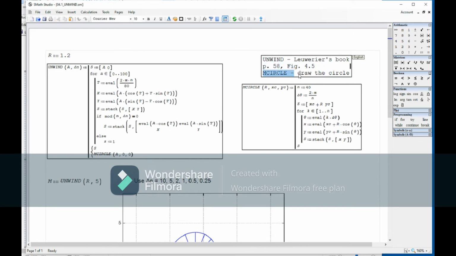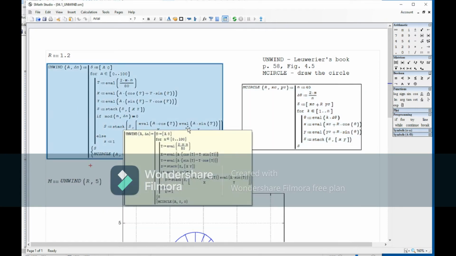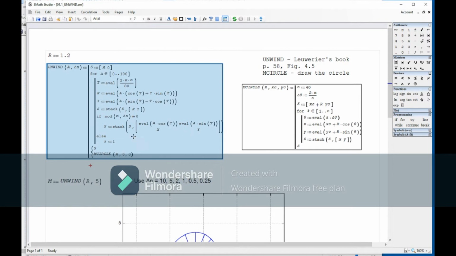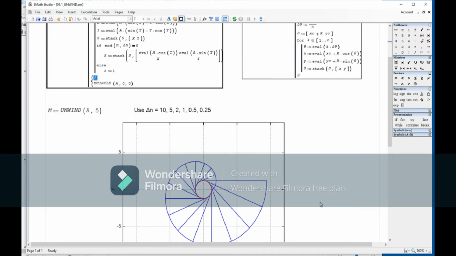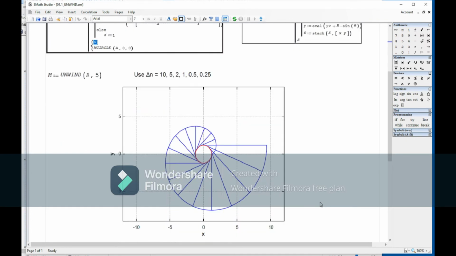I have a small program called mCircle that will draw a circular shape, and this is the program called UNWIND, that produces as a result the circle of radius A and a collection of coordinates to produce the unwinding curve. The result is a graphic like this.